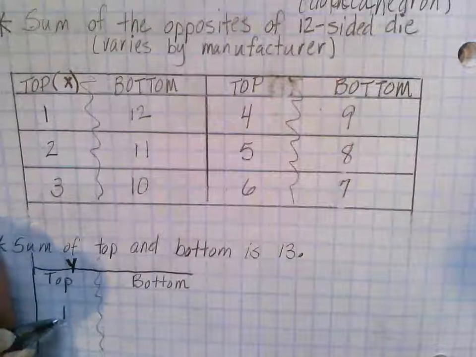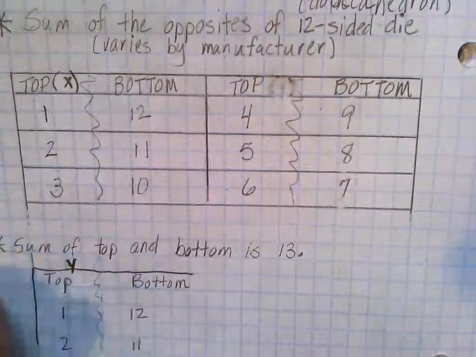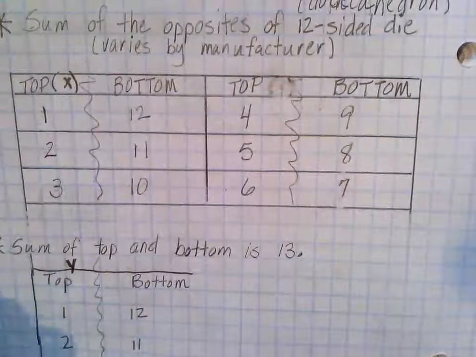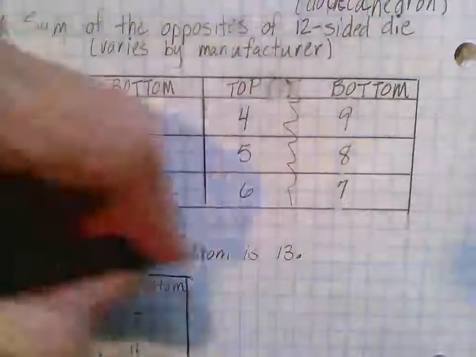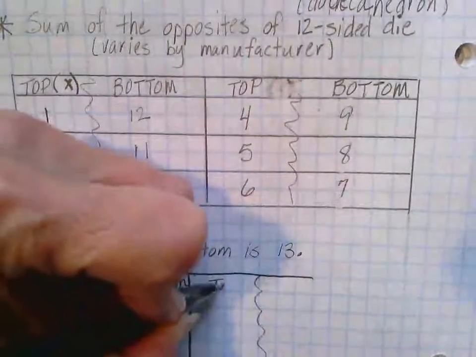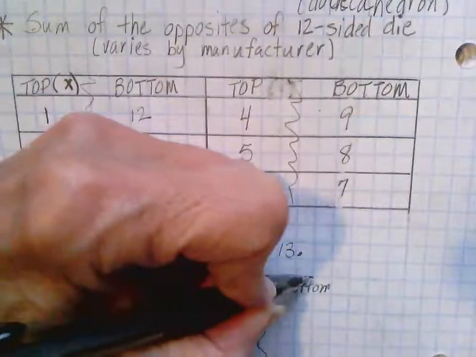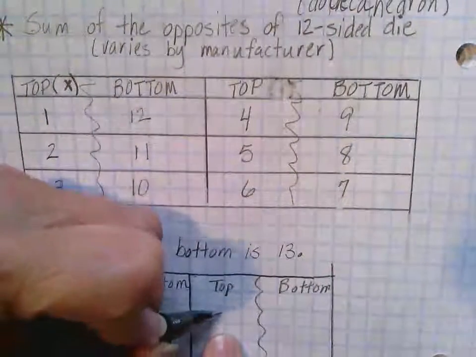So if we had a 1, we would have 12. If we had a 2, we would have 11. If we had a 3, we would have 10. And the same would be true on the other die.